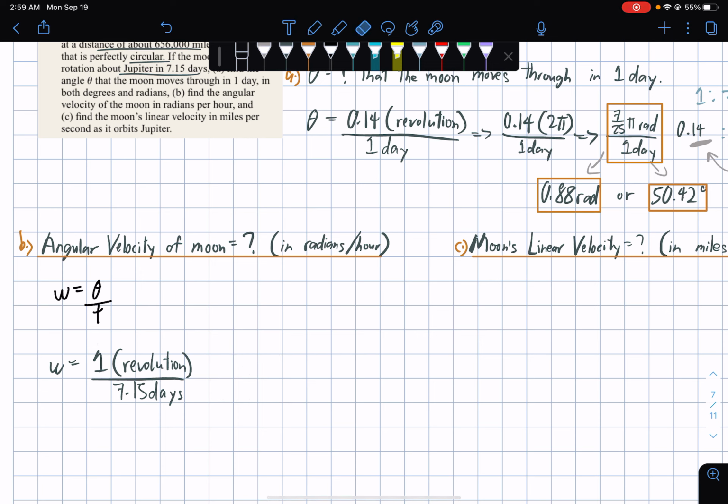I haven't even made simplifications yet. 1 times 2 pi over 7.15 days. 2 pi rad over 7.15 days. One, actually no, 1 day, 24 hours.